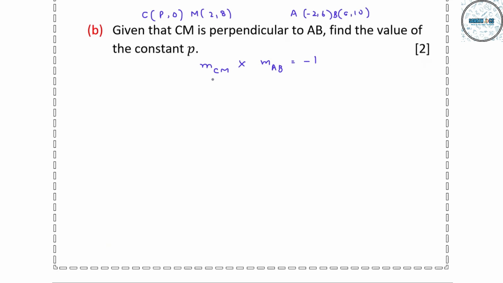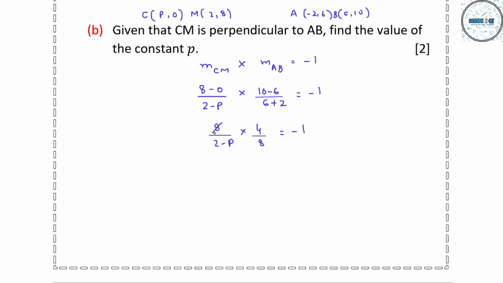For gradient of CM, we will do 8 minus 0 upon 2 minus p. For gradient of AB, 10 minus 6 divided by 6 plus 2 is equal to minus 1. 8 upon 2 minus p multiplied by 10 minus 6 is 4 upon 6 plus 2 is 8.